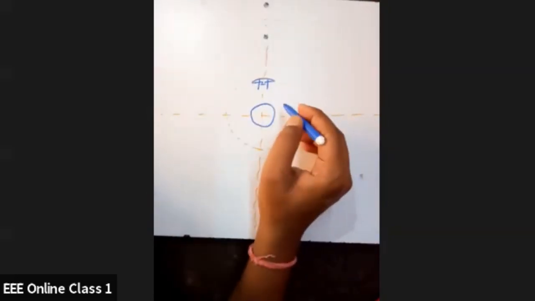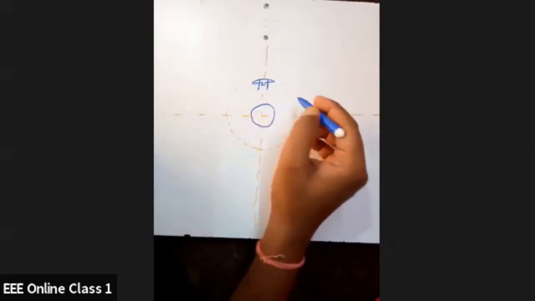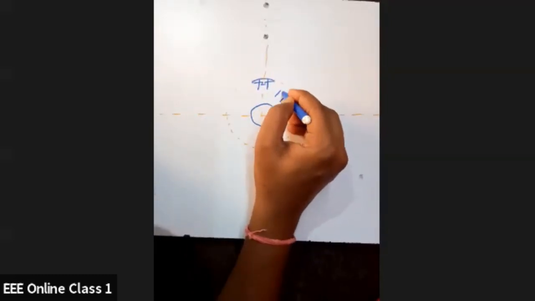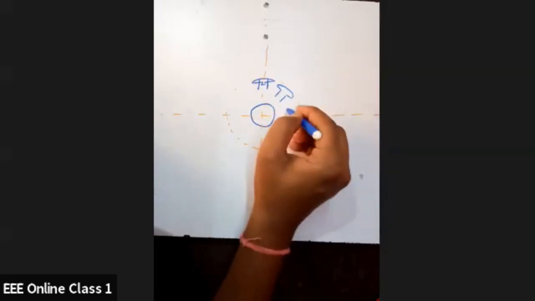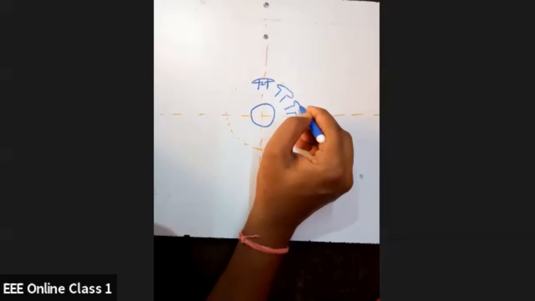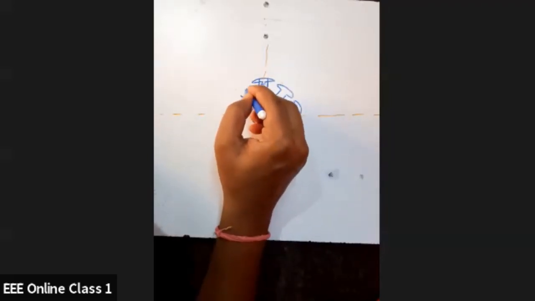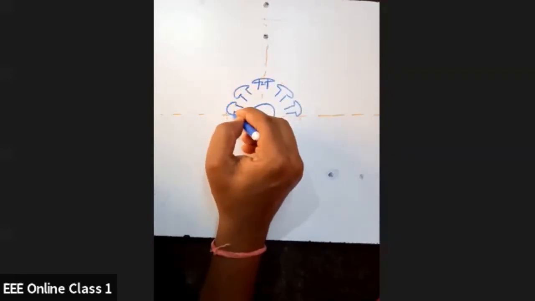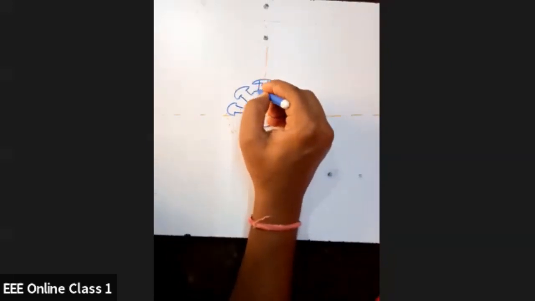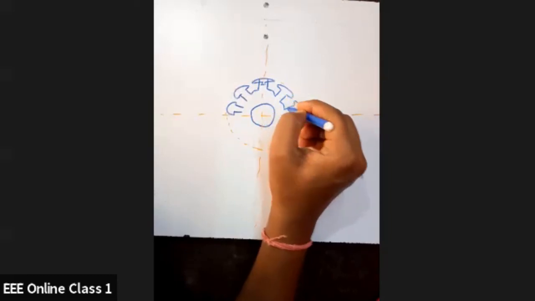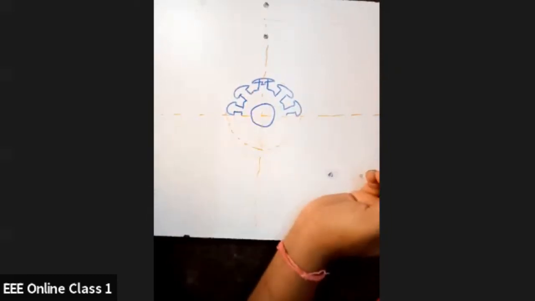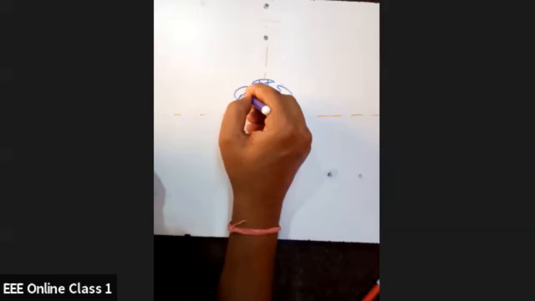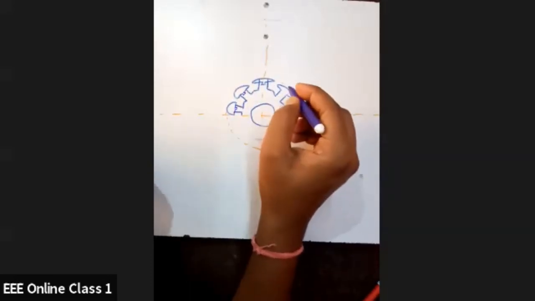So we will have 5 here and 5 here, 10. So we have 10 poles.